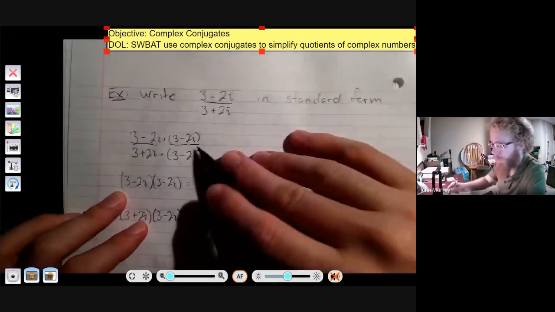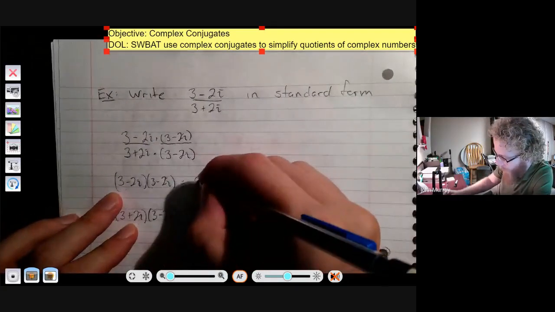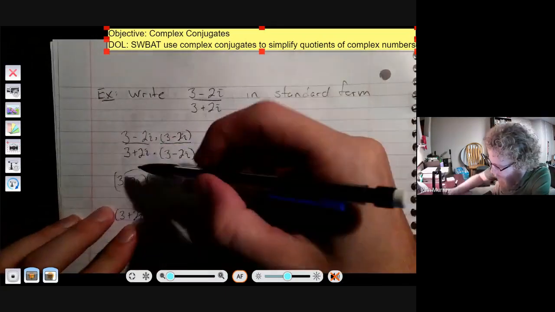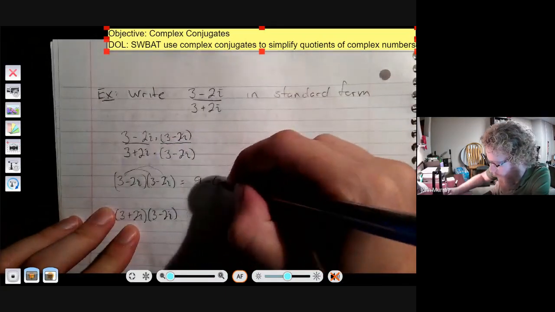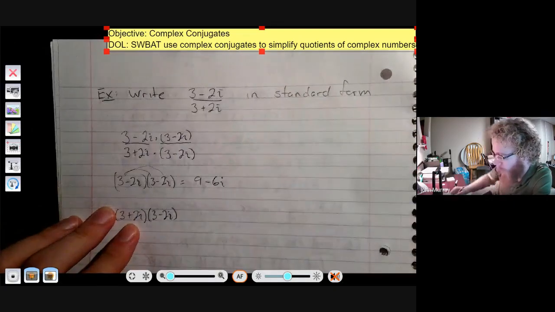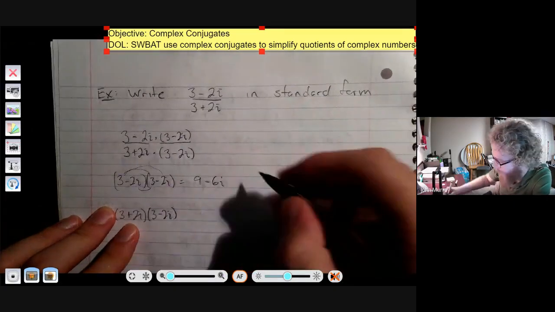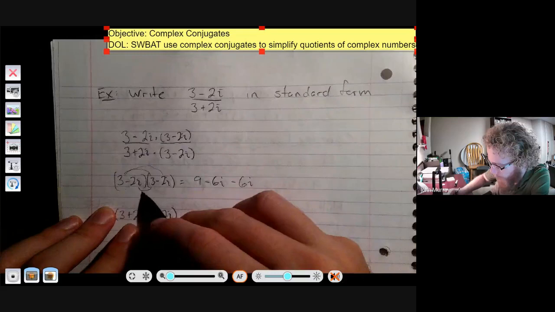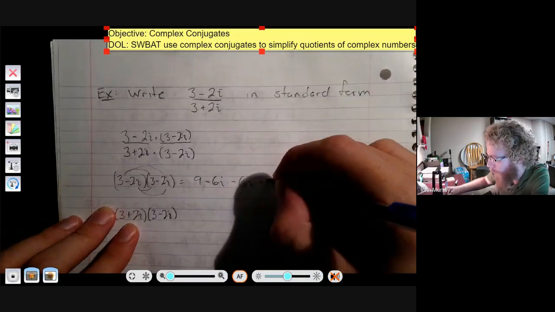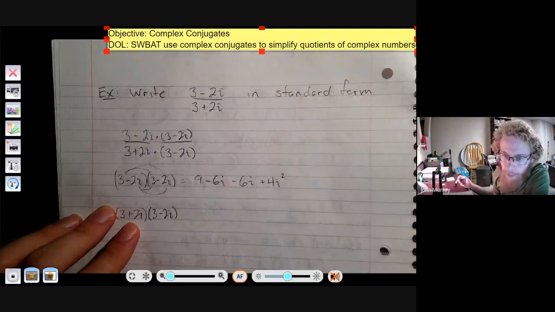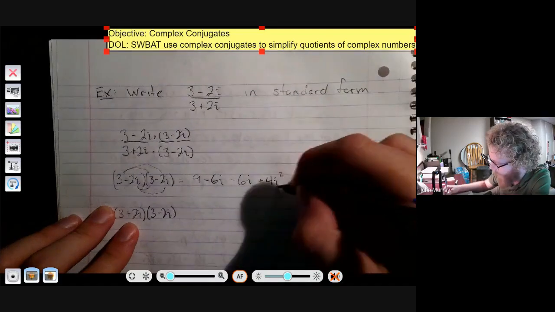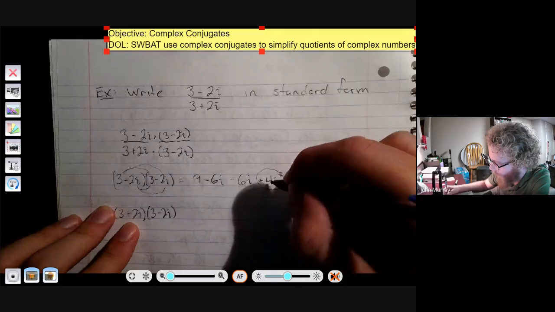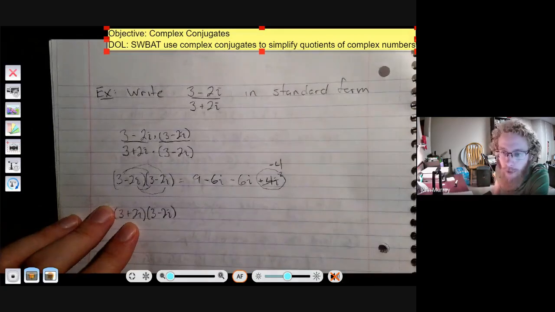All right, so we're going to FOIL. 3 times 3 is 9. 3 times negative 2i is negative 6i. Negative 2i times 3, again, is negative 6i. Negative 2i times negative 2i is positive 4i squared. This i squared is going to change my positive 4 to negative 4.